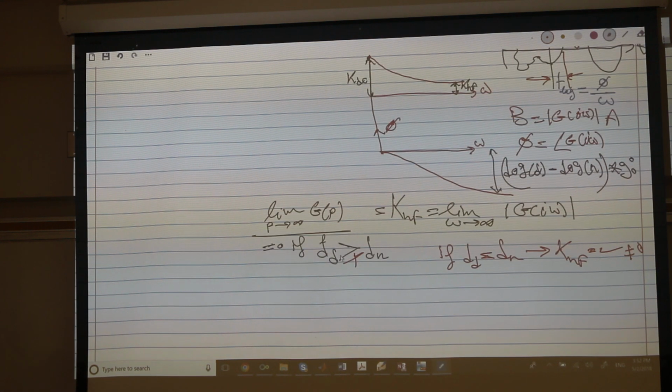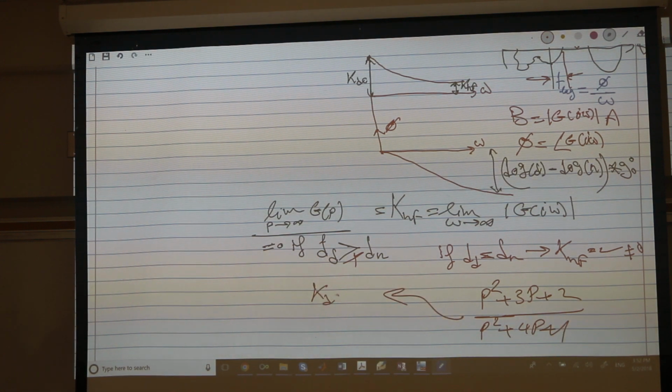So I'll give you here an example. If you have maybe p squared plus 3p plus 2 over p squared plus 4p plus 1. From here, what's the DC gain? It's very easy. The DC gain is 2: put p equals 0.